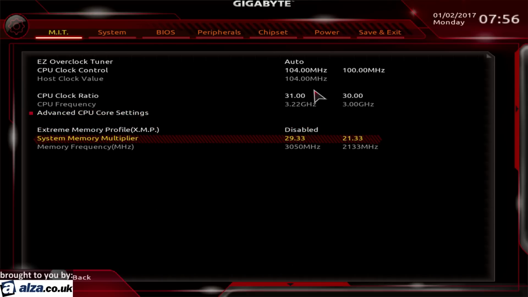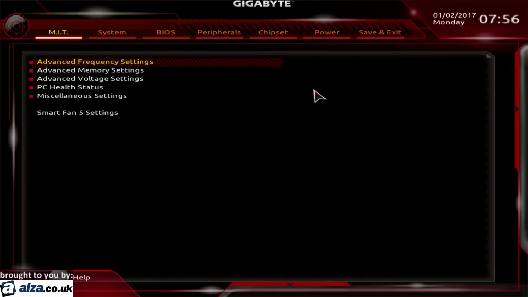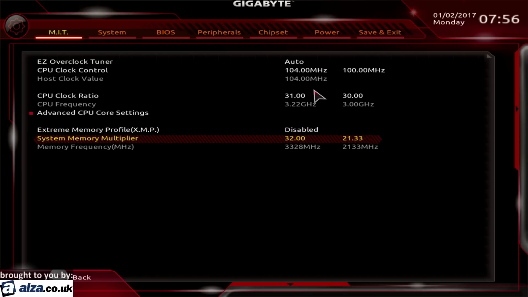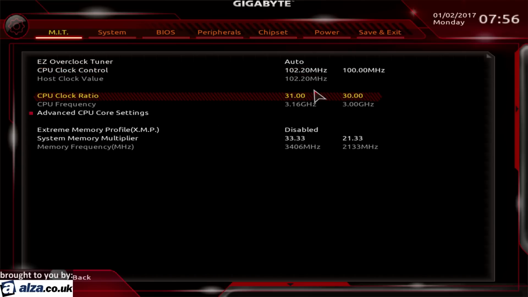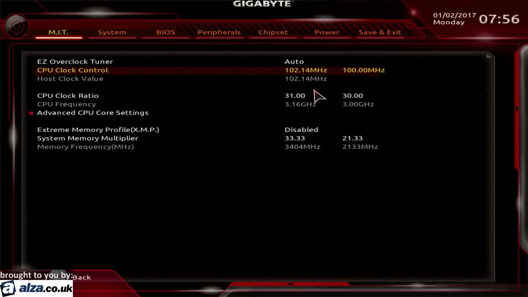So, if you really want to fine-tune your memory, say you want to run 3400 megahertz because 3466 doesn't work, you can do 102.2 and dial it down, and there. Now you have 3400 megahertz.